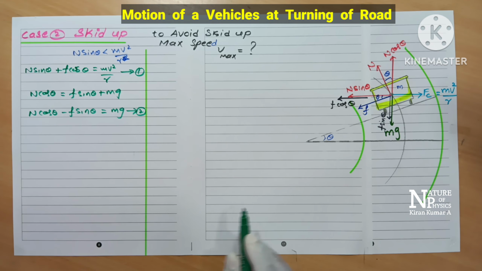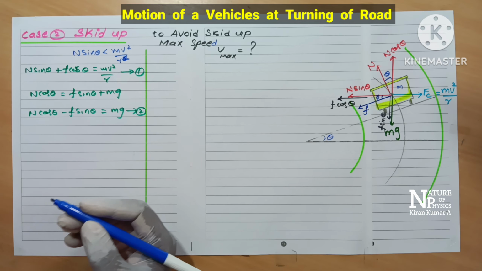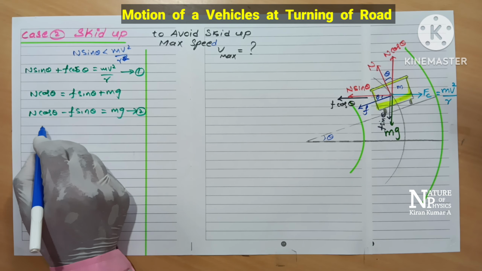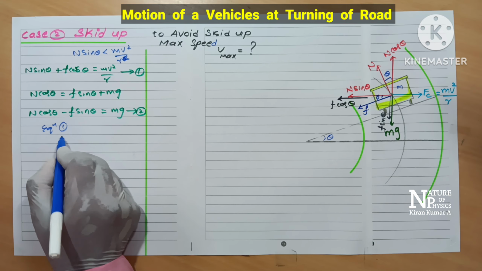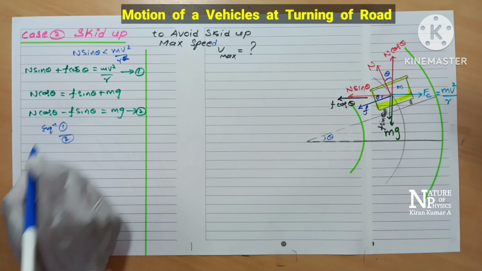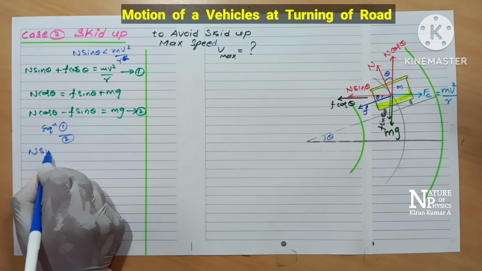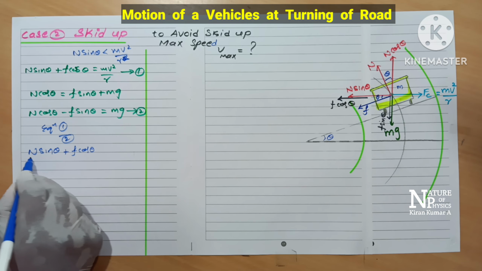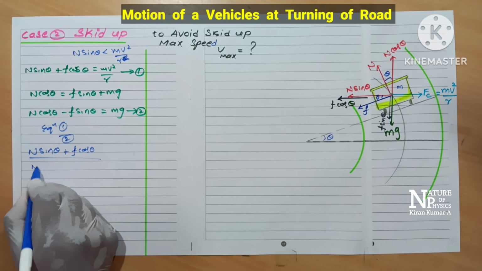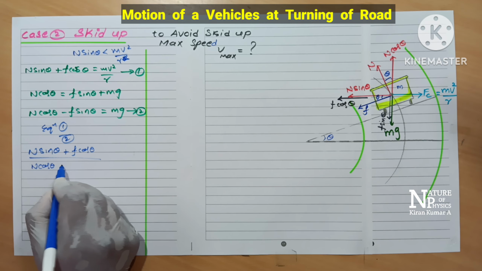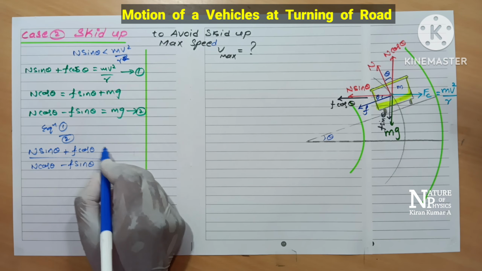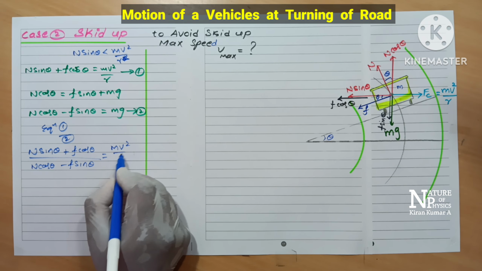Okay, now using equations 1 and 2 we will get the maximum velocity to avoid the skid, students. So equation 1 divided by equation 2: (N sin theta plus f cos theta) divided by (N cos theta minus f sin theta) is equal to mv square by r over mg.